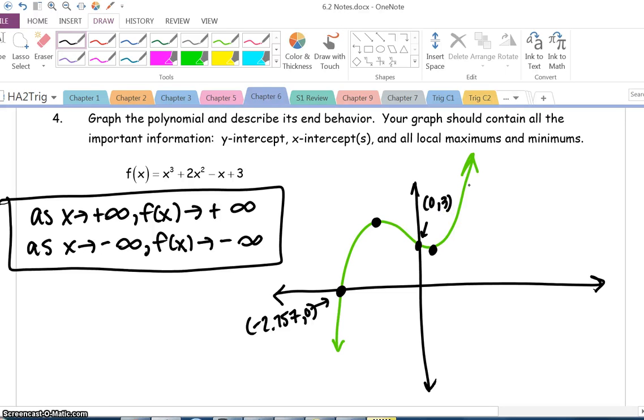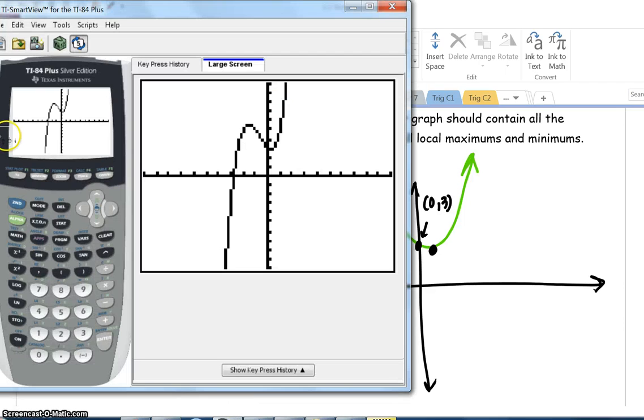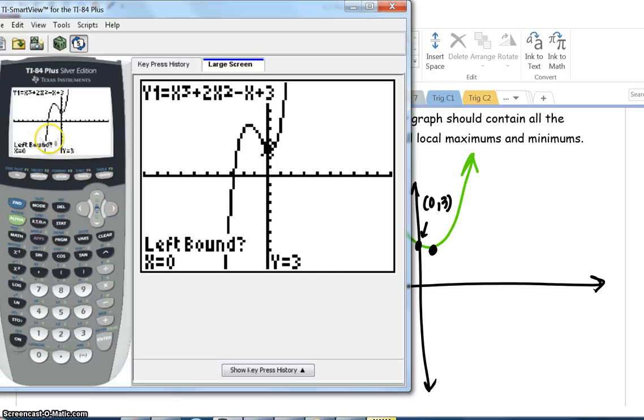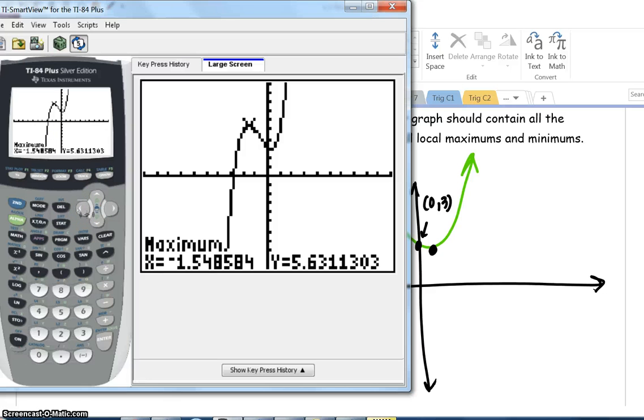To find your local max, you're going to find this the same way as always. Second trace 4 for max. You're going to go to the left of the max, 1 enter. To the right of the max, 1 enter. And then you're going to go right in the middle. So negative 1.549, comma 5.631.